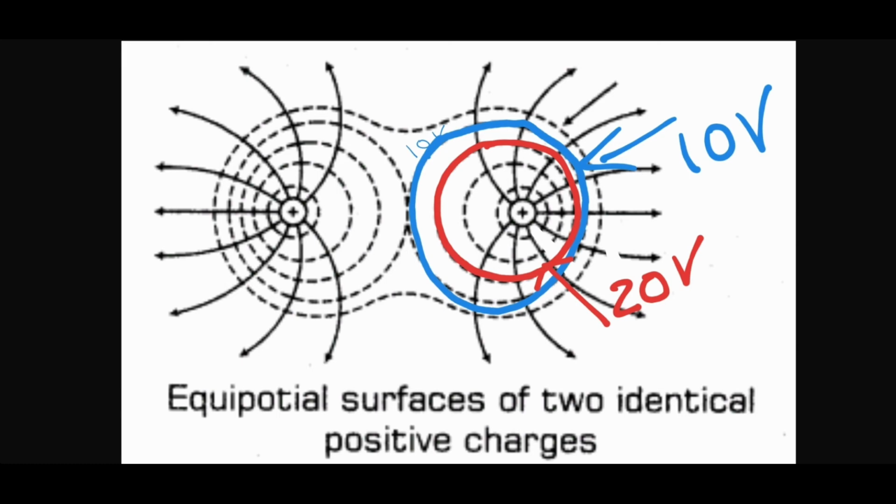That is, at each point on that circle the potential is 20 volt. Equipotential surfaces are far apart in between two identical charges, indicating a weak field, and equipotential surfaces are closer on either side of the charge, indicating a strong field.